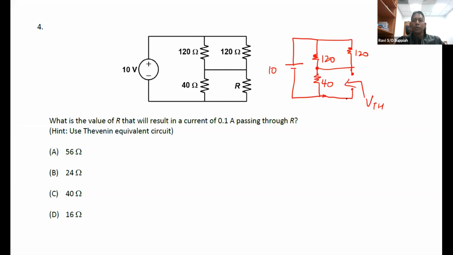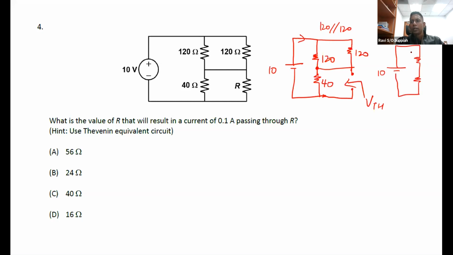Okay, so the VTH is basically the voltage across the 40 ohm resistor, correct? So you can see that when the current comes out here, it will split into 120 and this 120, and then it joins back and goes into the 40. So effectively this 120 is parallel to this 120. Okay, so you can redraw the circuit one more time.